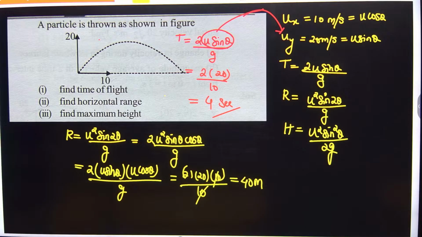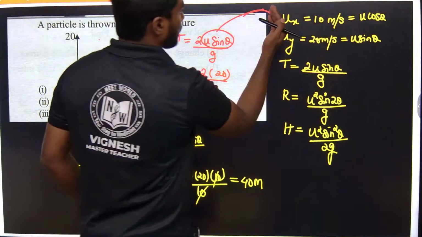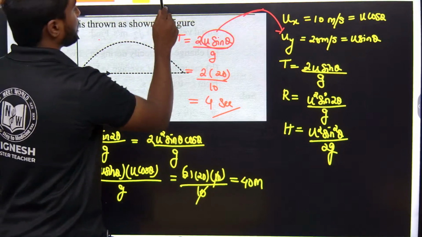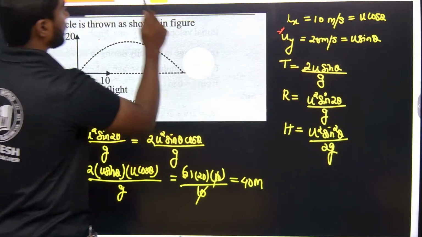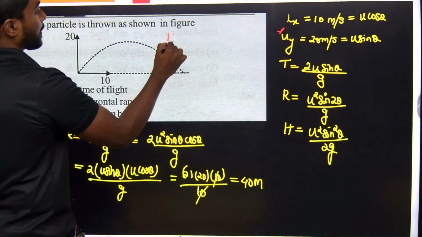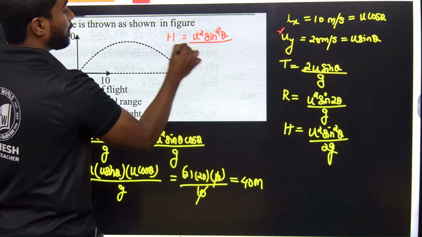I guess that's completed. T and R are done. Now we'll go for H. Let me erase this one. What is H here? H is equal to u square sin square theta by 2g.